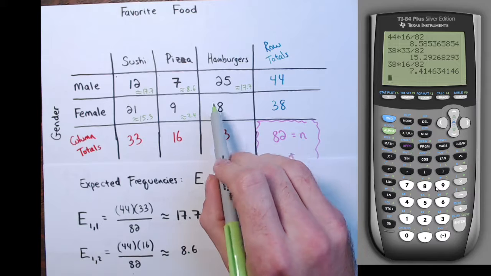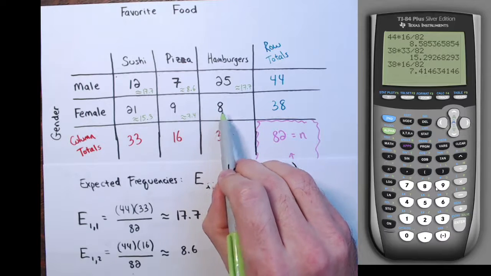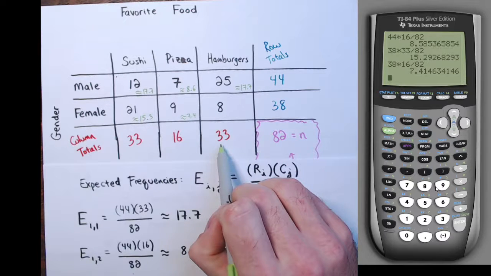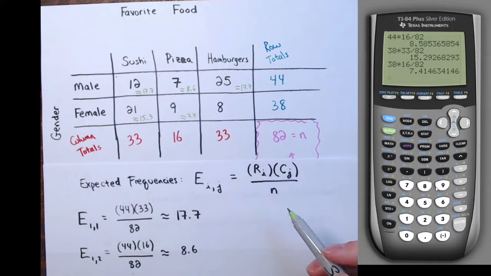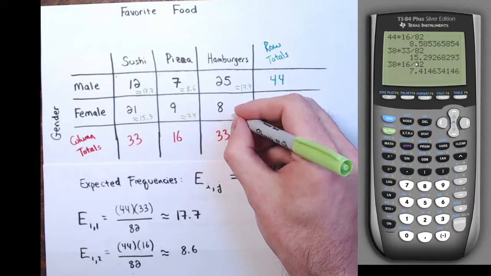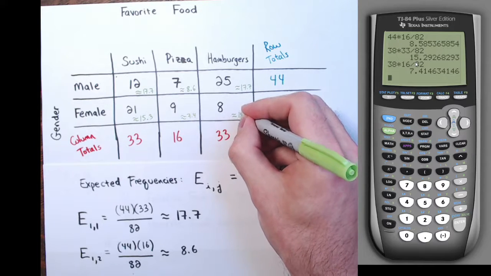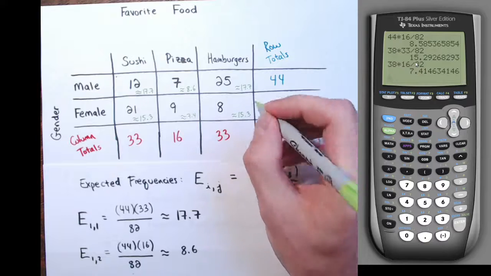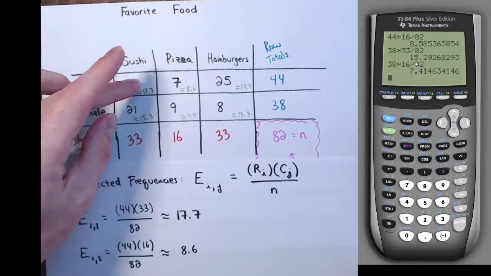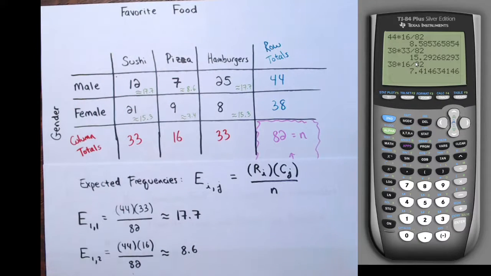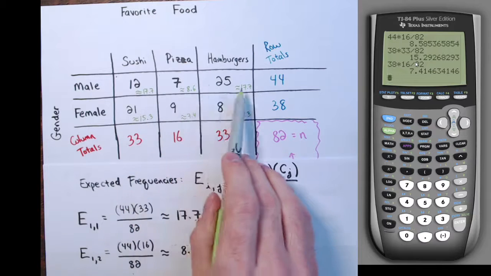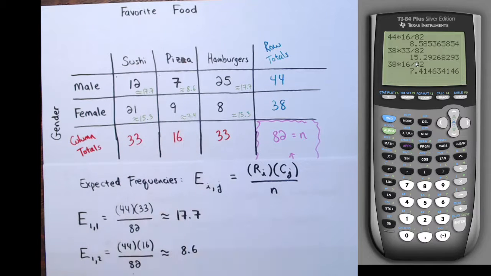And finally, in this second row, third column, 38 times 33 divided by 82, which again I already did, so the expected count here is also approximately 15.3. All right, so I've got all the observed counts, and I also have all the expected counts.